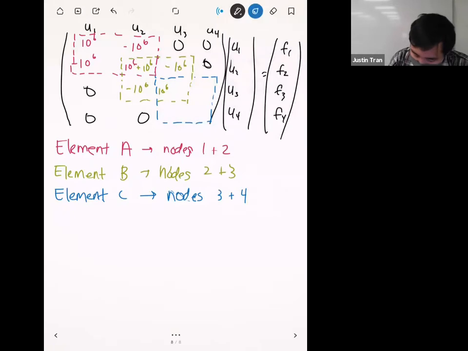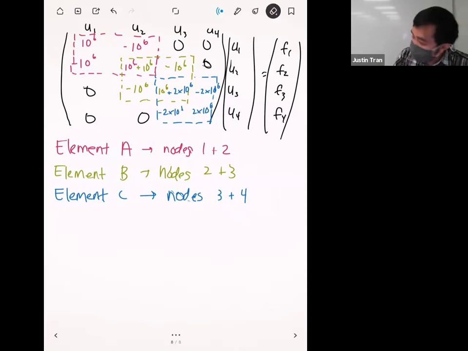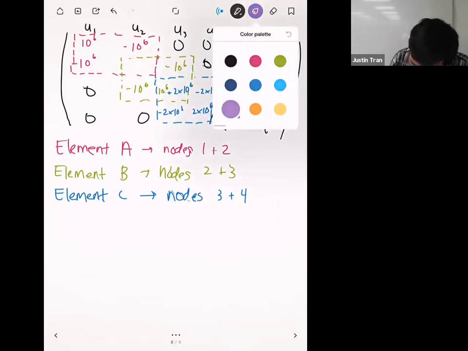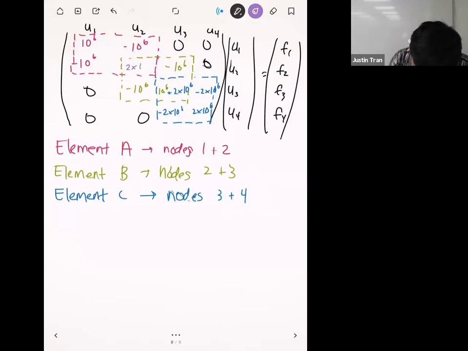And then finally, we have the contributions from element C. And so let me go ahead and just perform the addition in the overlapping regions. Right, and so if we perform that addition there, we get 2 times 10 to the 6.